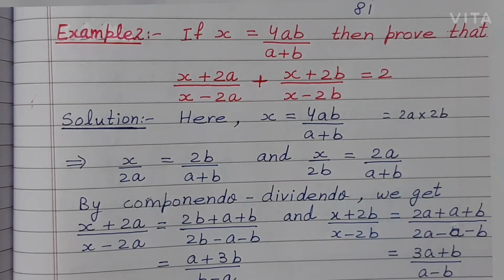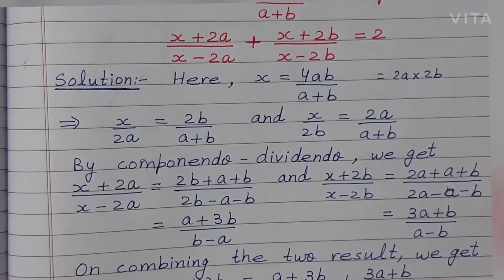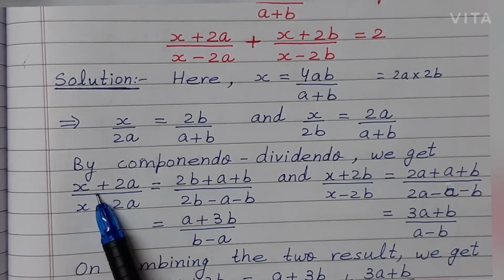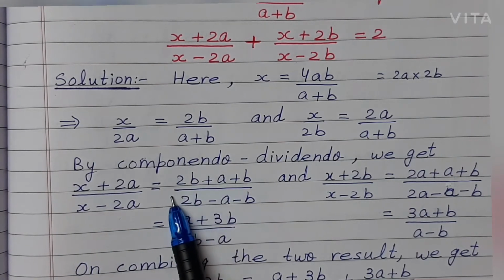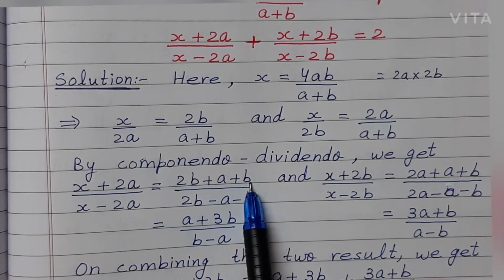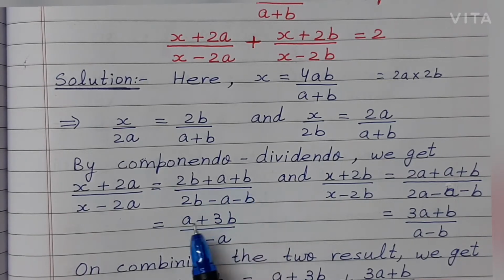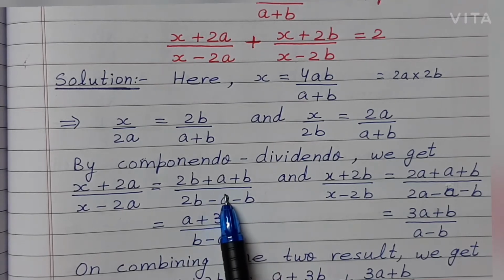Clear? So what we have here, (x plus 2a) upon (x minus 2a), that is equal to (2b plus a plus b) upon (2b minus a minus b). Now after solving this, we will get (a plus 3b) upon (b minus a).